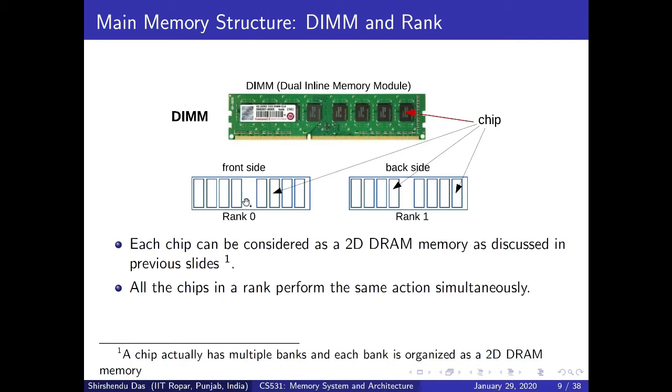There are many black rectangular boxes here, and each of these rectangular boxes is called a chip. In this particular rank there are 8 chips, and the same thing will be there in the back side, in rank 1: also 8 chips.